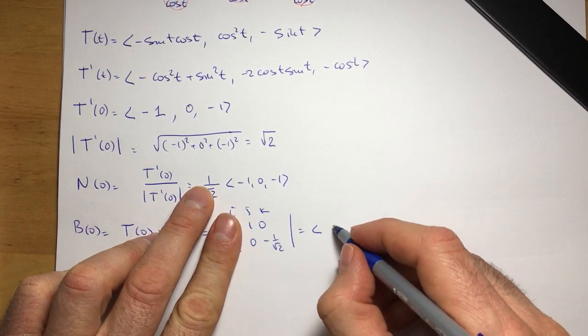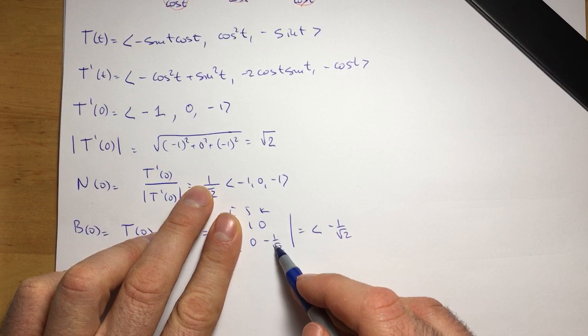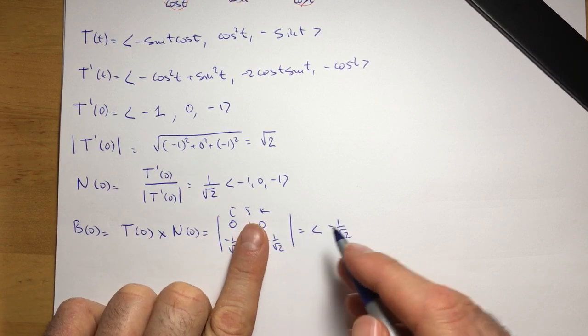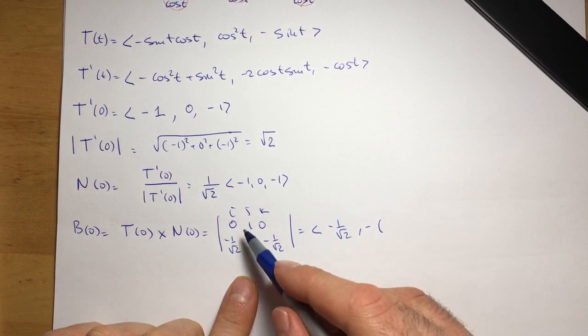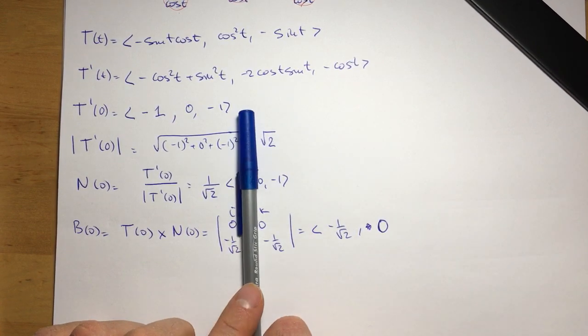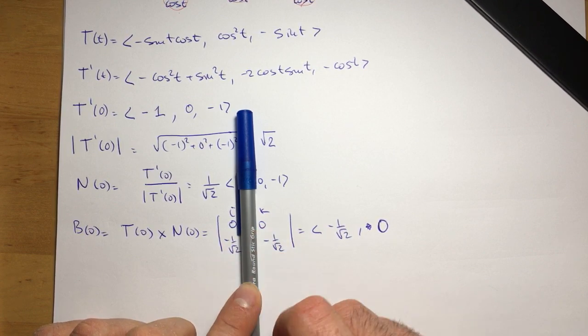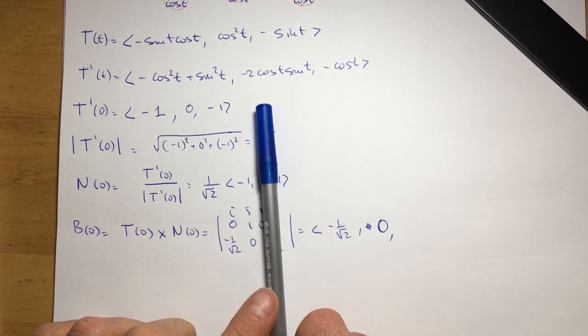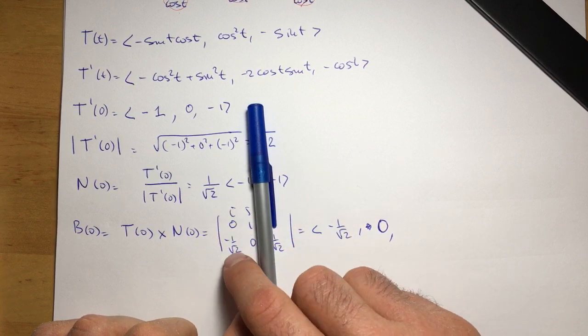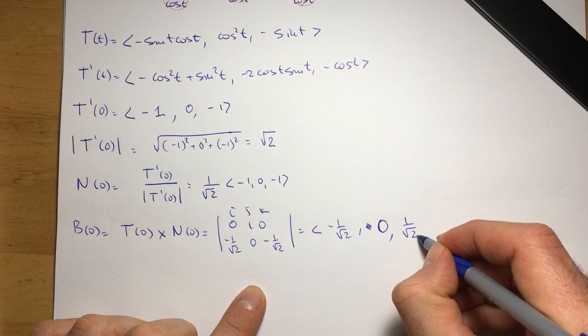And that's equal to negative 1 over square root of 2, right? This times this minus 0, then minus, well, that's just 0, because 0 times negative 1 over square root of 2 is 0, negative 1 over square root of 2 times 0 is 0, and finally this is 0 minus this product, which is negative, so that's going to make it a positive entry.